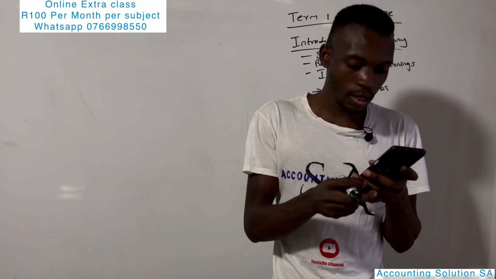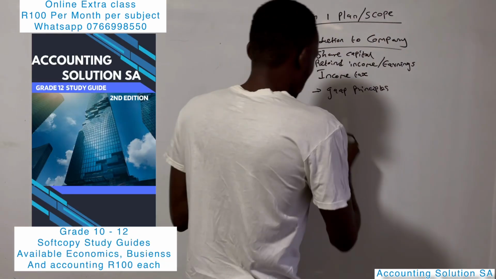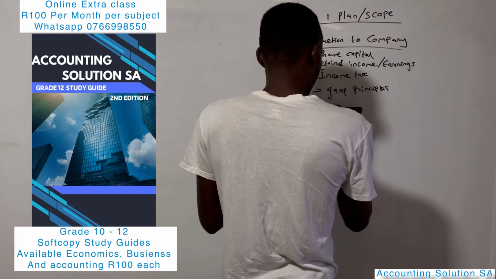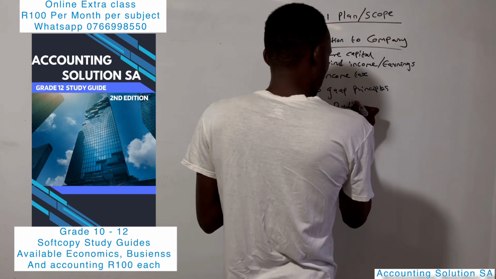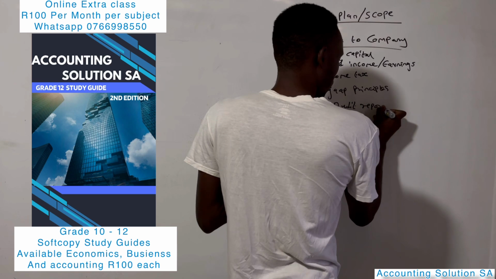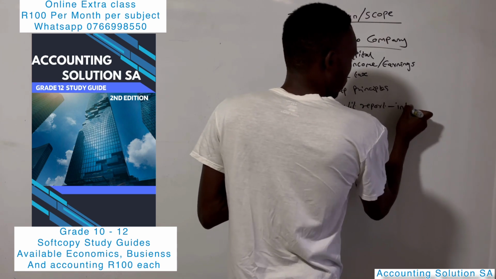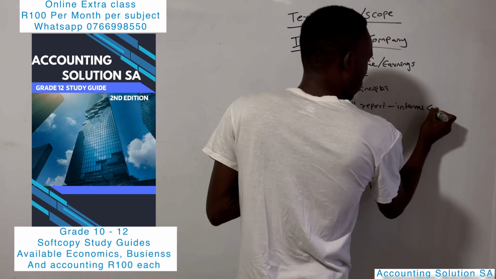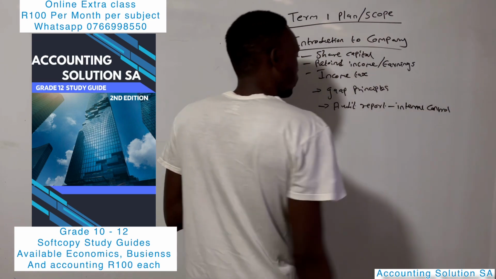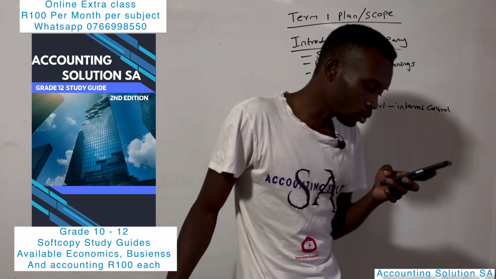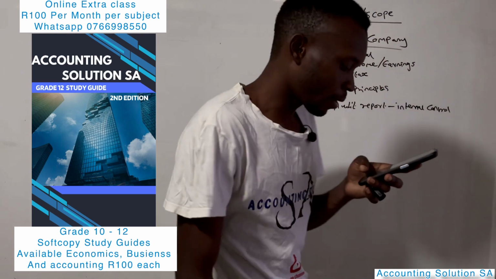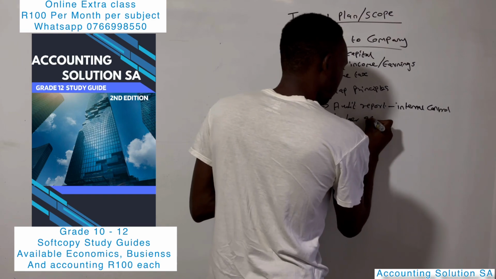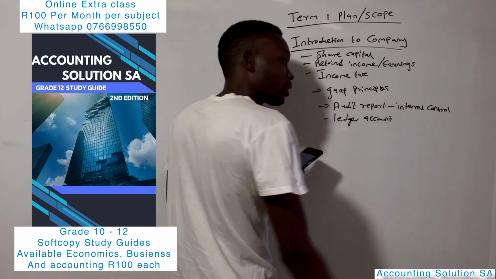Under this topic, you are also expected to know something like the audit report with internal control. And also you will be expected to prepare a ledger account that is related to a company.